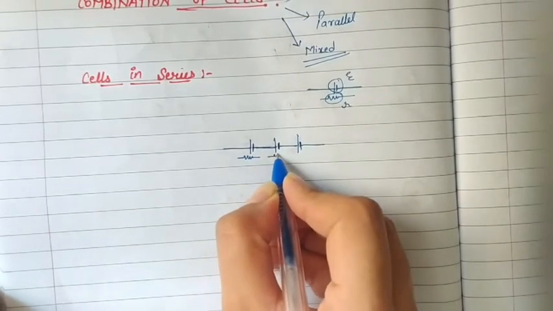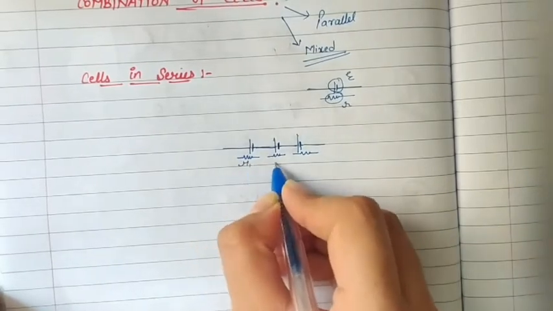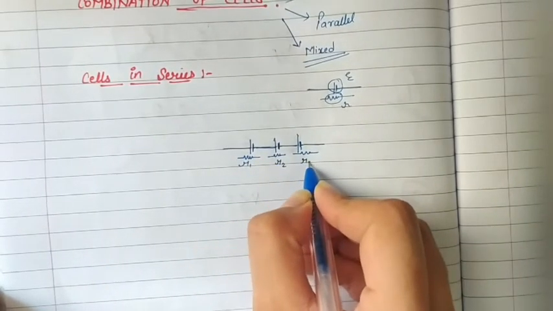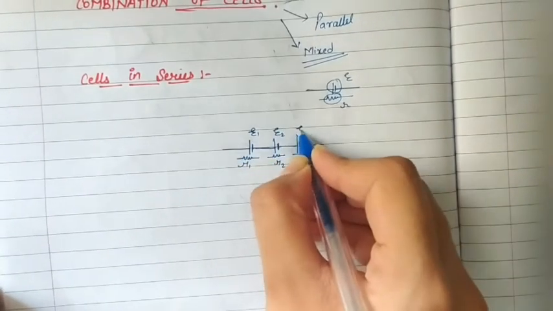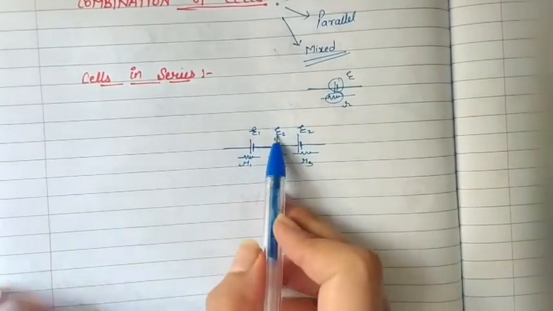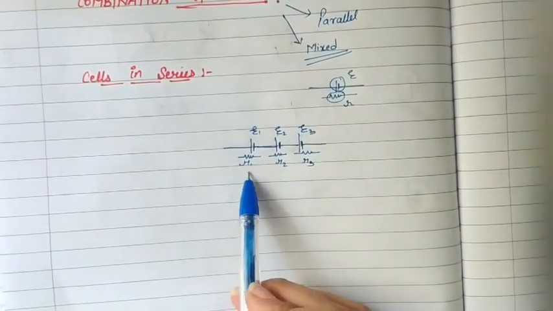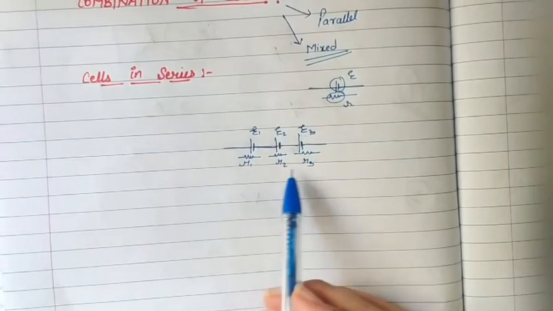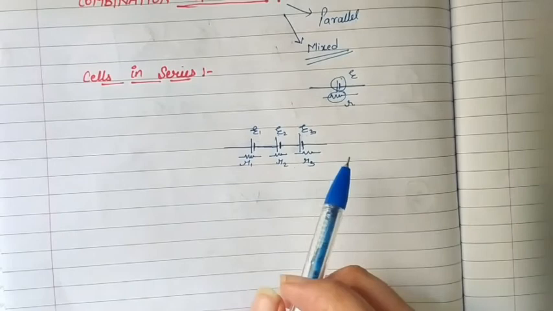This type of arrangement is called cells in series. Here epsilon 1, epsilon 2, epsilon 3 are the EMFs, and R1, R2 and R3 are the internal resistances of the cells. Now this kind of combination is called cells in series.